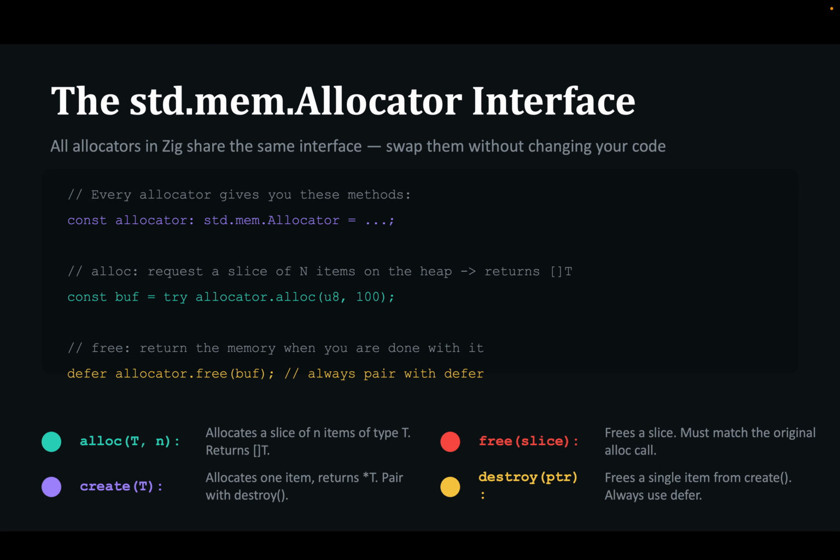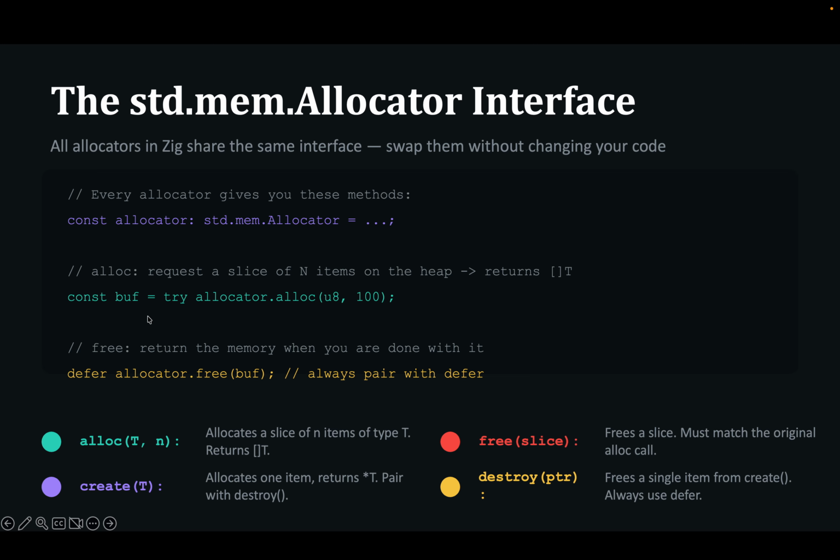Let's go to slide 4. Allocators in Zig share the same interface, std.mem.Allocator. This means you can write a function that takes an allocator and it works with any allocator that is passed in. The two main methods you will use here are alloc and free. Let's see some examples.